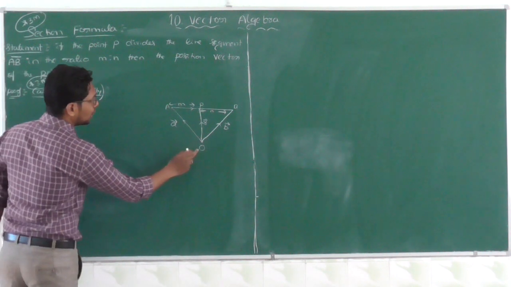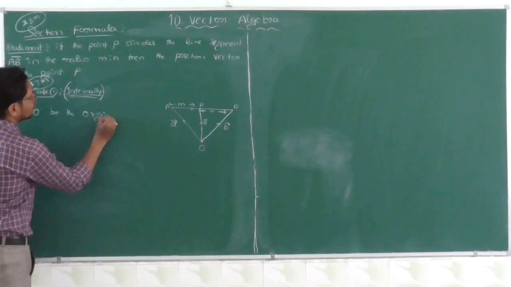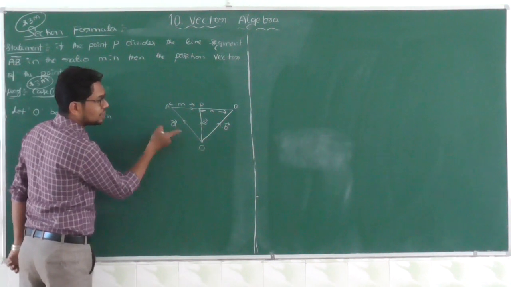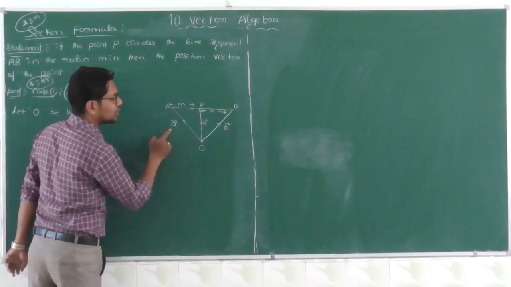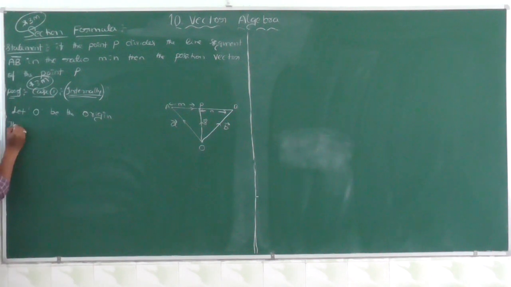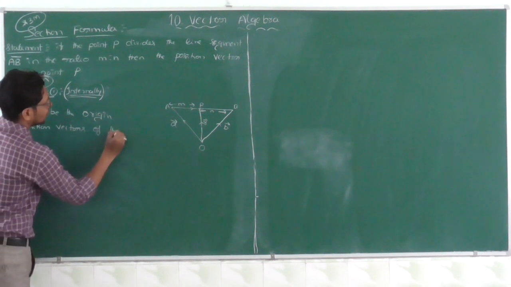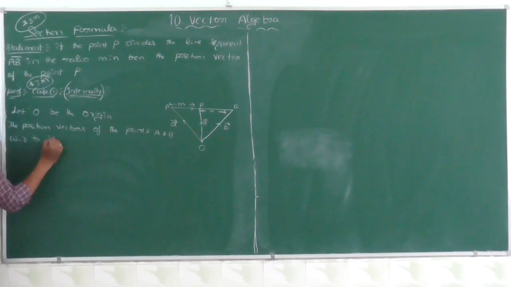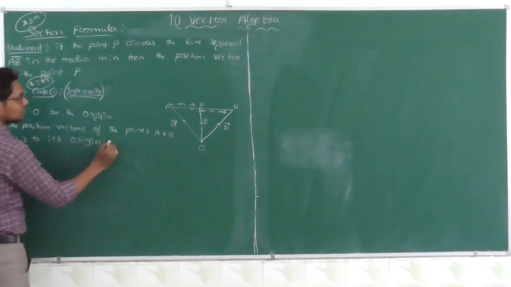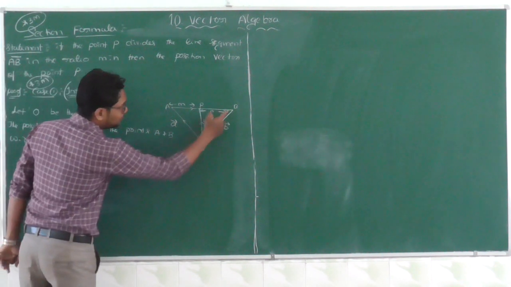Now, let O be the origin. The position vectors of the points A and B with respect to its origin, OA vector and OB vector, are A vector and B vector respectively.